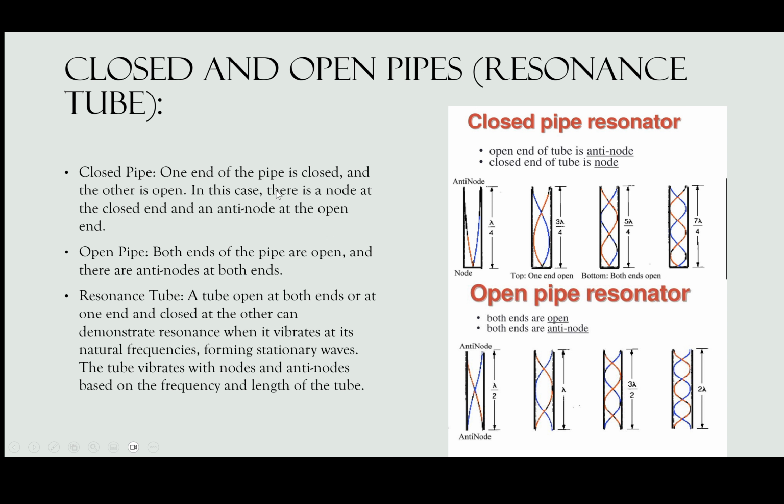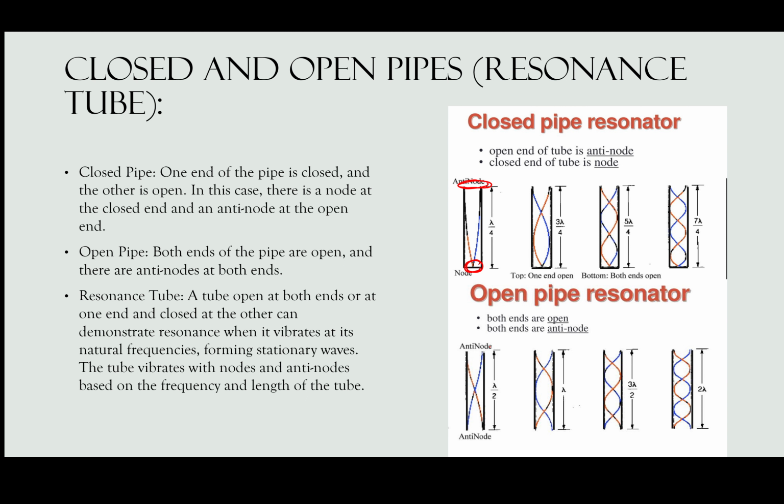In this case, there's a node at the closed end and an antinode at the open end. Let me show this here. A node at the closed end where displacement is 0, and the antinode at the open end here. That is one full quarter of the wavelength there. Alrighty?